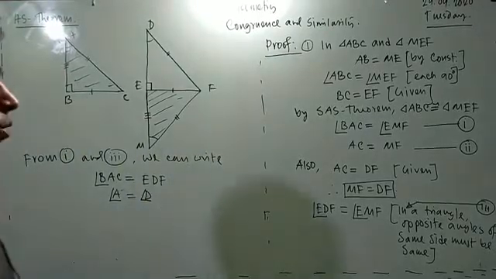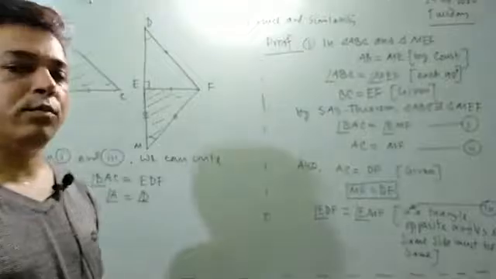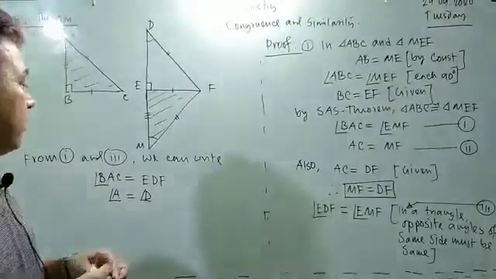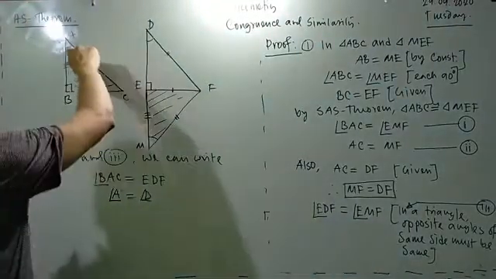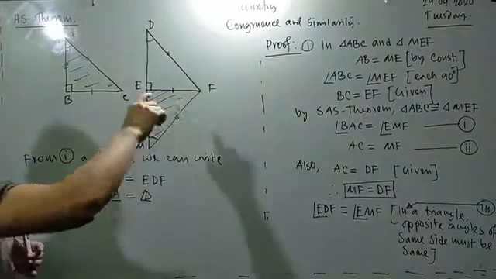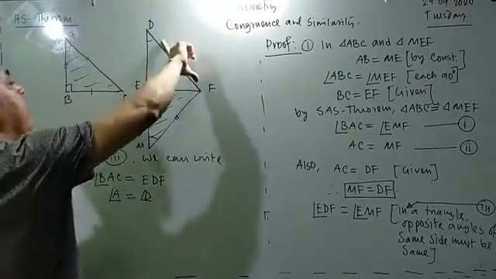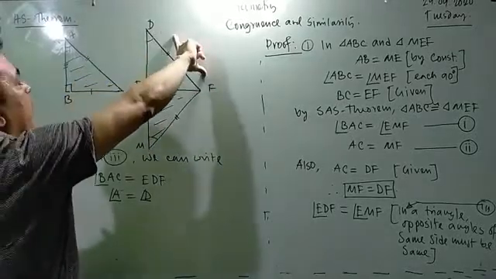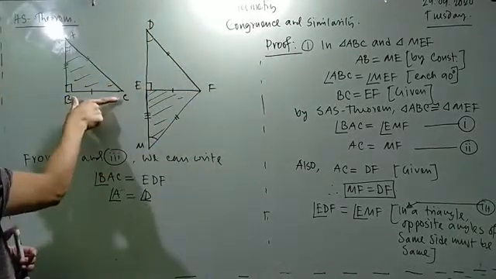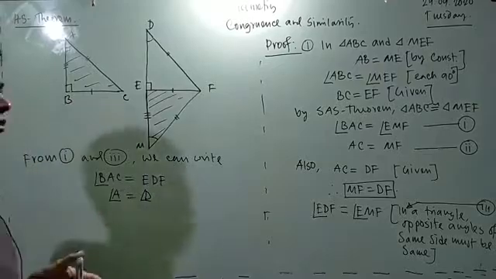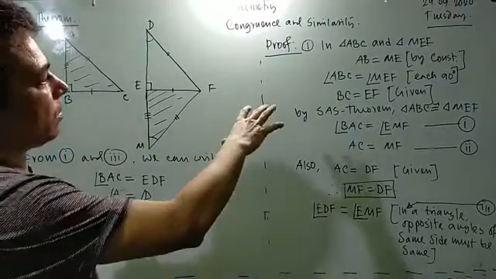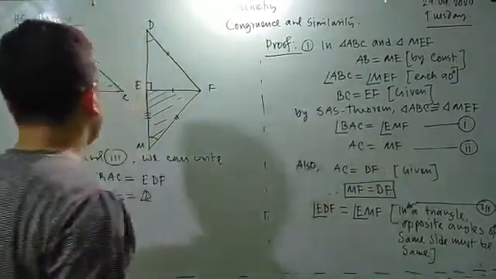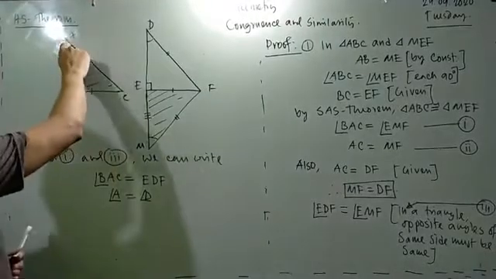Okay, so one important thing I already proved. Look at that, it's not given in the question. In the question it is given that this side equals this side and this side equals this side, I mean hypotenuse equals hypotenuse and BC equals EF. It's given in the question. But based on everything we have proved this angle equals this angle.